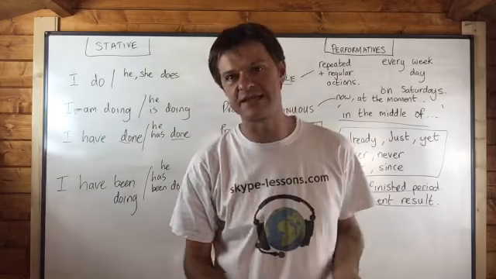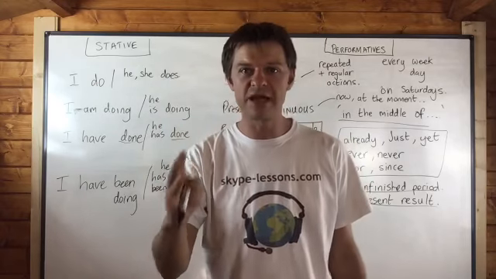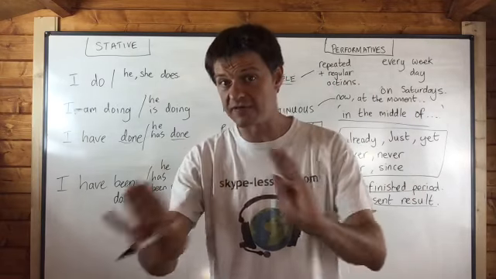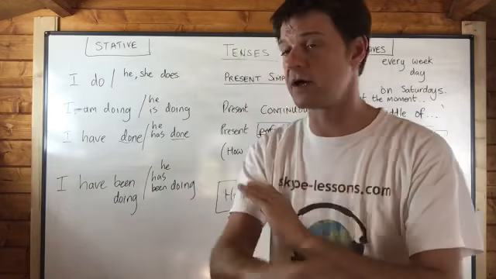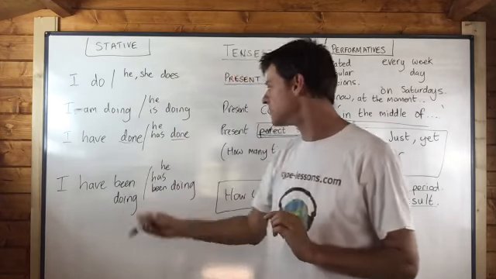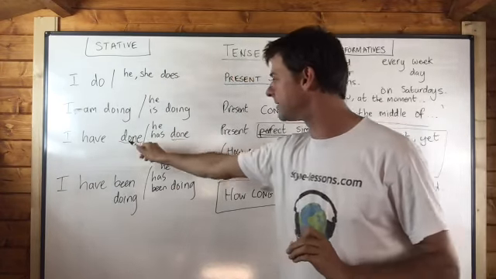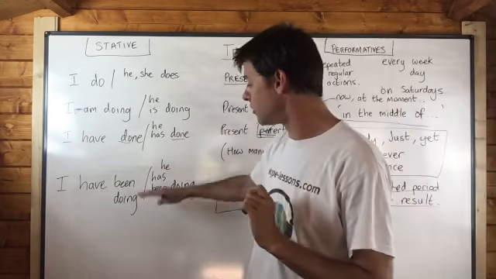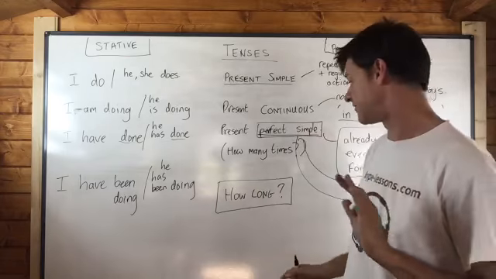Yeah, if it's a stative verb like know, you will never say I have been knowing him all my life. You will never say that. It's completely wrong. And it's because know is a stative verb. It's a state of mind. You must say I have known him since I was a boy. Okay? Never use know in continuous or any other stative verb.